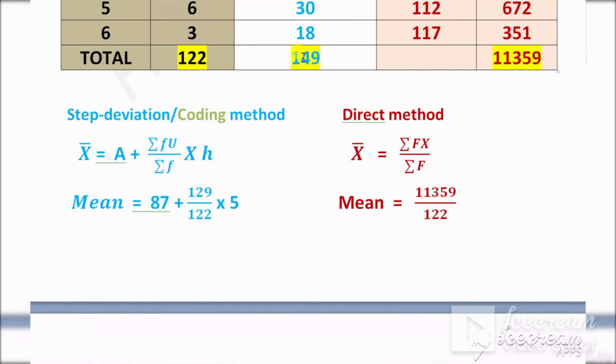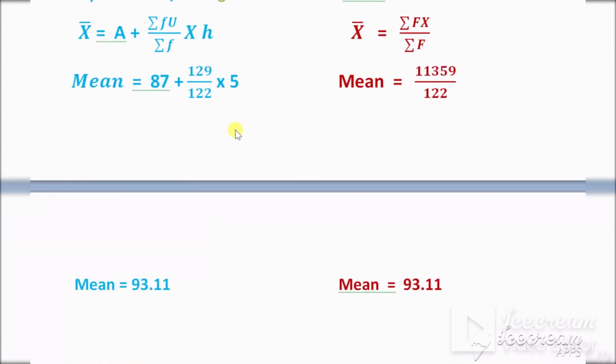The fu total is 149, the f total is 122, multiplied by h, which is 5. In the direct formula, the summation fx total is 11359 and the f total is 122. Now divide these two, multiply and divide, then add 87. You will get the same answer.